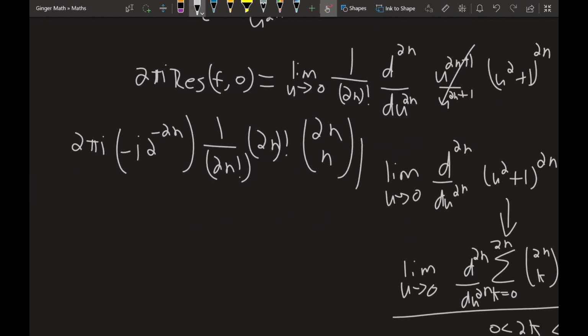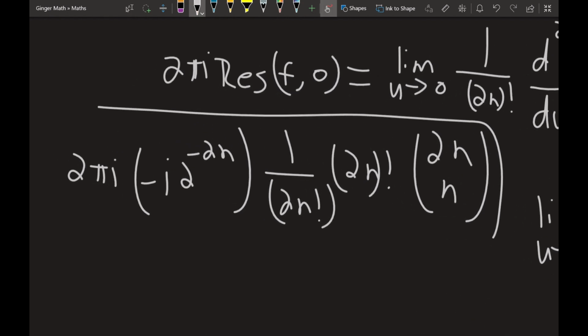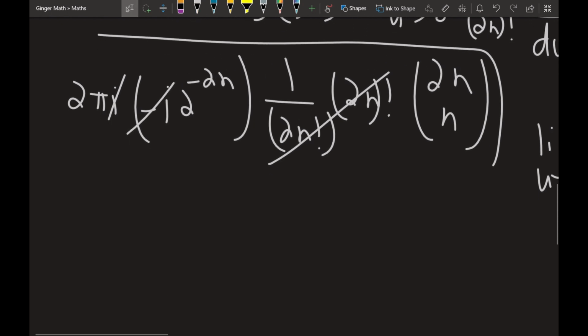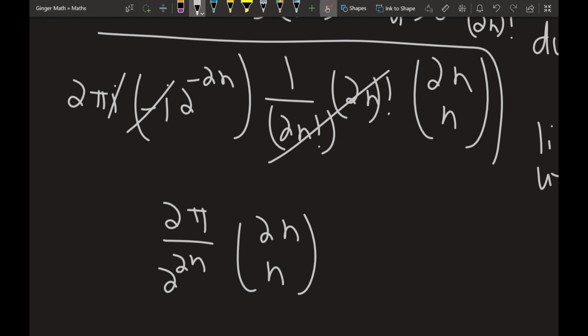This looks really messy on the surface, but a ton of this cancels because the 2n factorials cancel. The i and the negative i cancel because i times negative i is just 1. So the only thing we're left with is 2 pi over 2 to the 2n times 2n choose n. And this right here is actually just our answer.